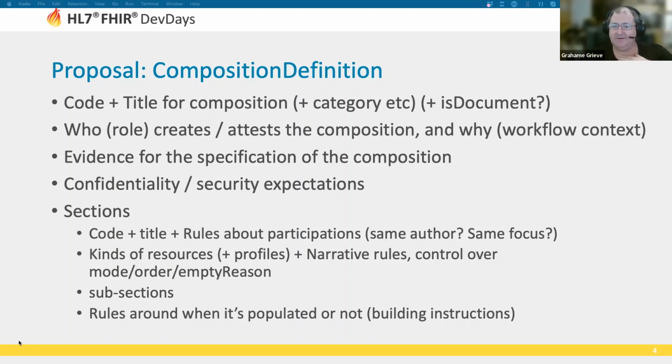So they're related. And we have a working metaphor for the relationship between the two in the difference between an observation definition and a profile on observation. Have you looked at that question?